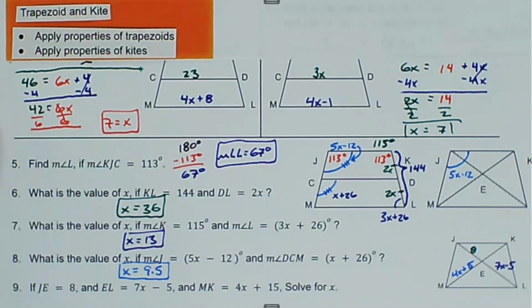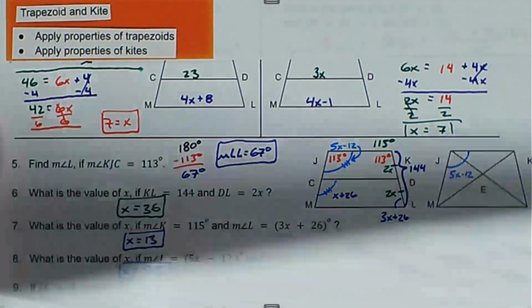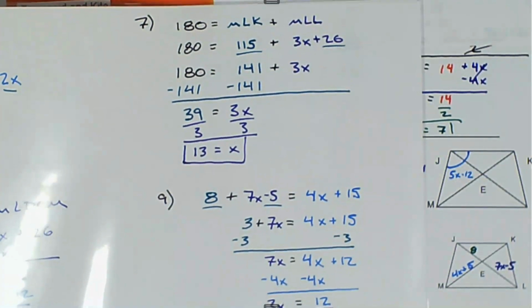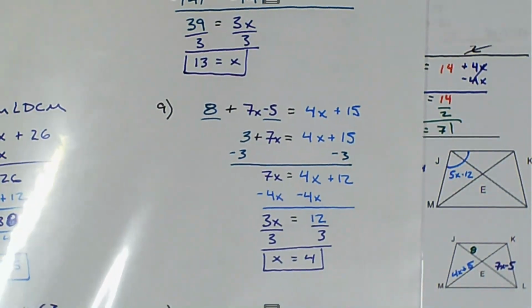What can we do there? We know that diagonals are congruent. So we can say that 8 plus 7x minus 5 is equal to 4x plus 15. And we can go through the steps to answer that one as well.